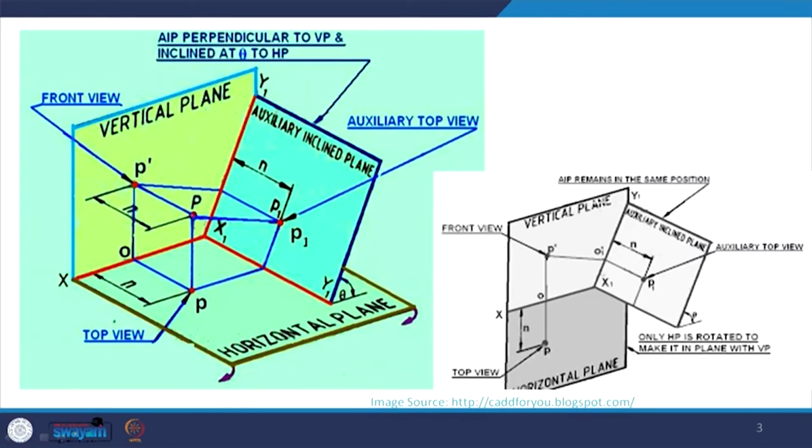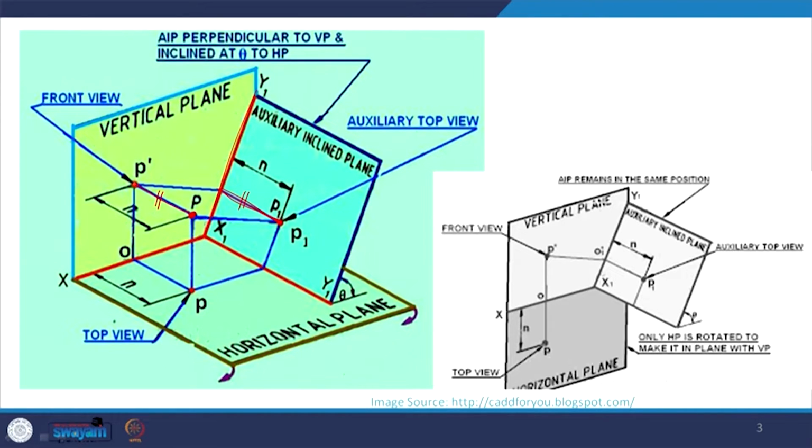So what we have here is, for example, one of the points of the line. If we look at this auxiliary inclined plane, the horizontal distance of this point remains the same. So if this was n, this remains n.